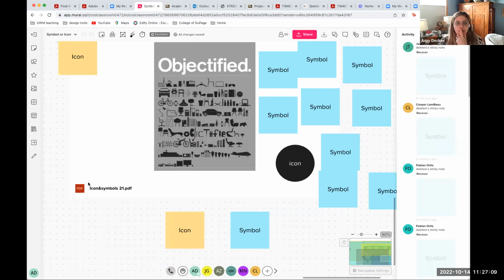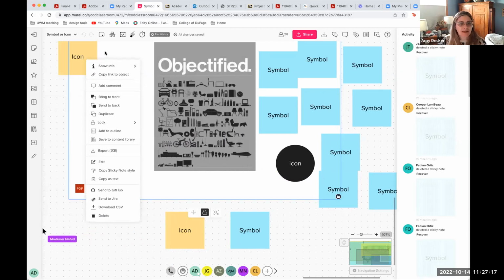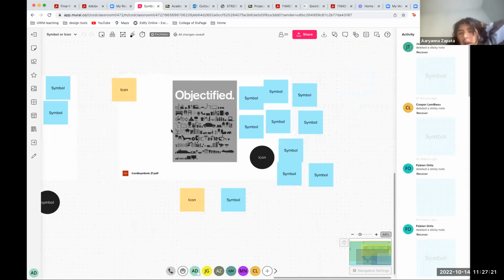Anyone else? Who's my lone icon over here? Ariana, tell me why you chose icon. Kind of like how she just said, I felt like everything could definitely be represented in real life. I saw that everyone had already put symbol, and I was like, I don't know, so I decided to be the odd one out.